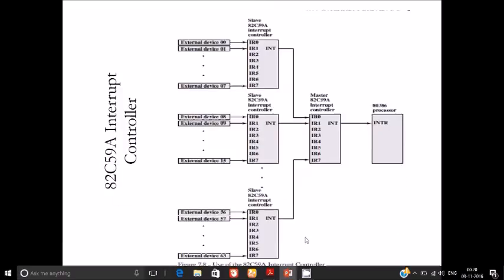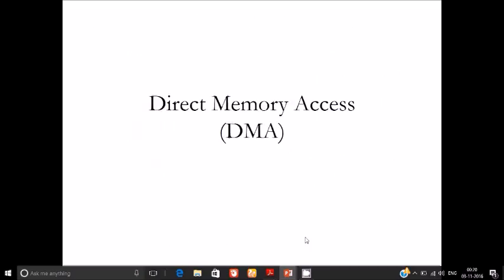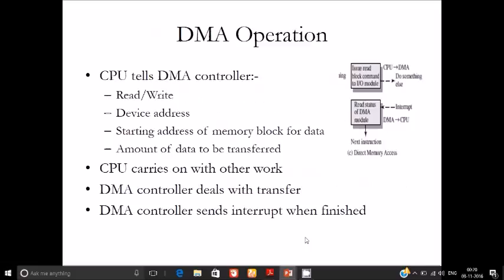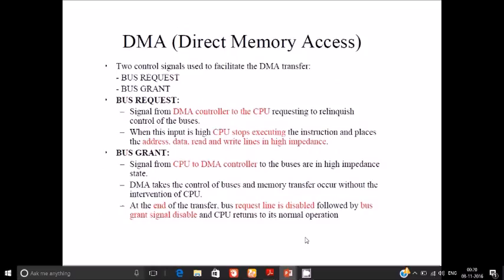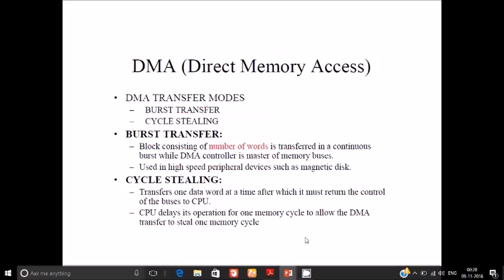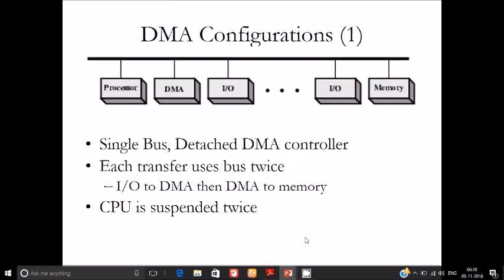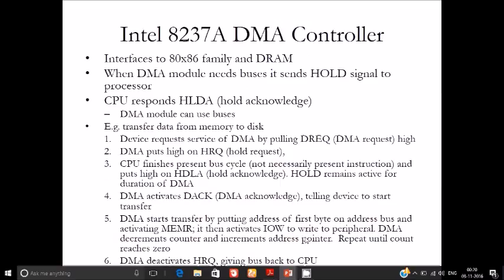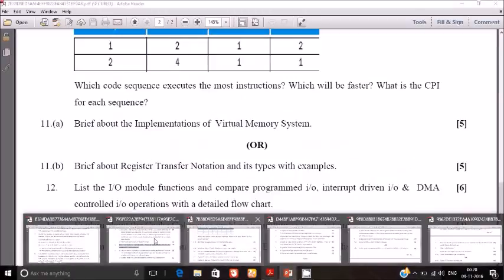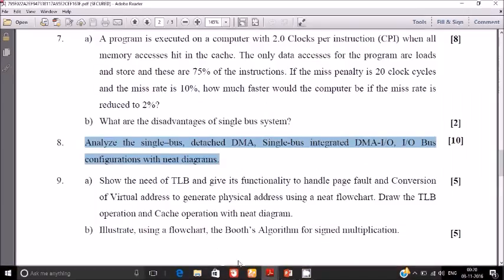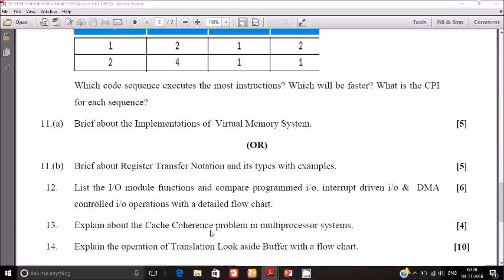You can see this is an example for the previous question. From here you need to start and write with the single bus: CPU bus signals, how DMA control works, DMA to input output, DMA configurations. This stuff you need to write. Here they didn't ask you to write any example, so you don't need to, but you need to draw some diagrams.